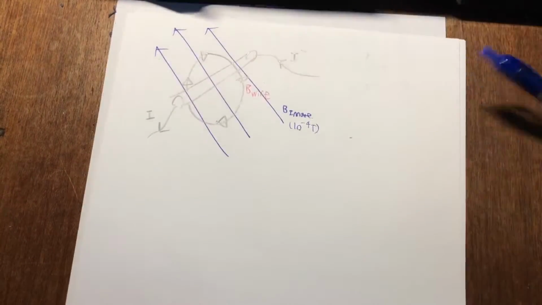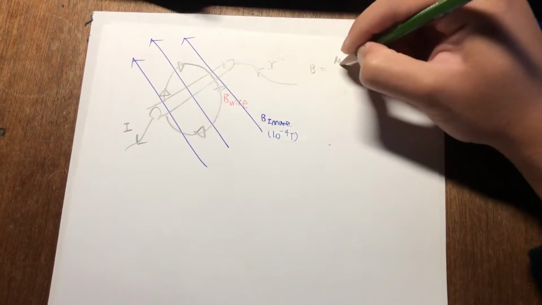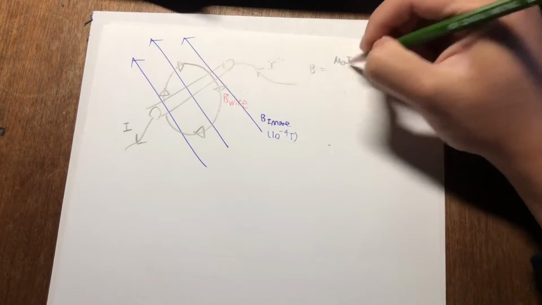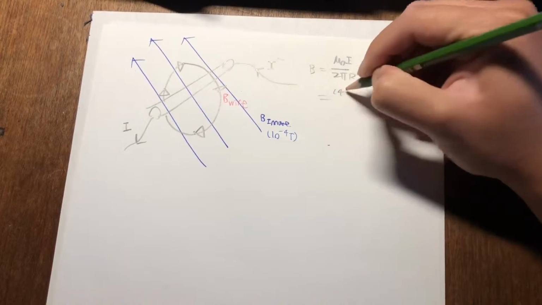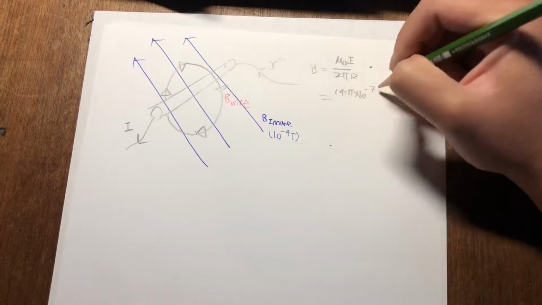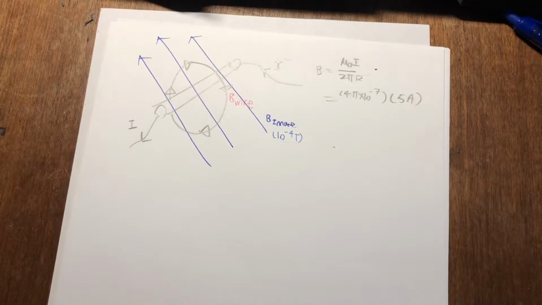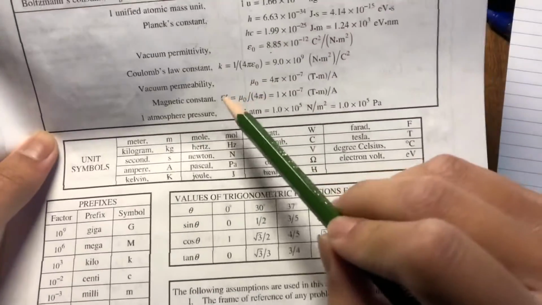And to find the B field of that wire, all you need to do is use this equation. B equals mu naught I over 2 pi R. You get mu naught from your equation sheet, and that's 4 pi times 10 to the negative 7 multiplied by 5 amps as given in the problem. And then the units for the mu naught are going to be Tesla times meters divided by amps.